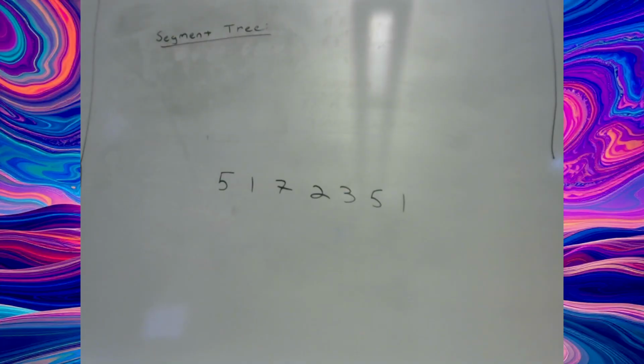So here's the pattern, okay? With a segment tree, we're going to make a perfect binary tree. What is a perfect binary tree? Except for the leaf nodes, which have no children, every node is going to have two children. So it's going to look like a nice triangle. So how do we do that?